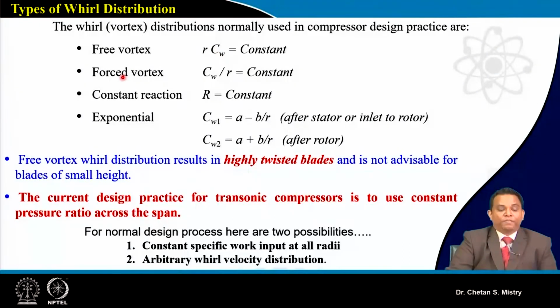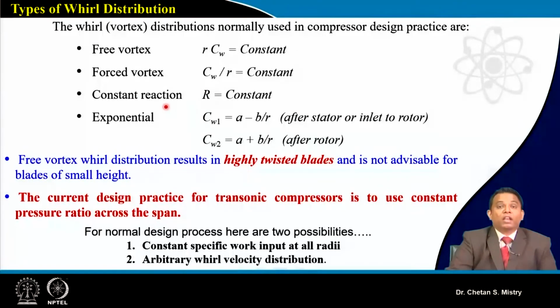If Cw divided by r is equal to constant, that is defined as the forced vortex concept. We can have a constant reaction design, where we consider our degree of reaction to be constant.